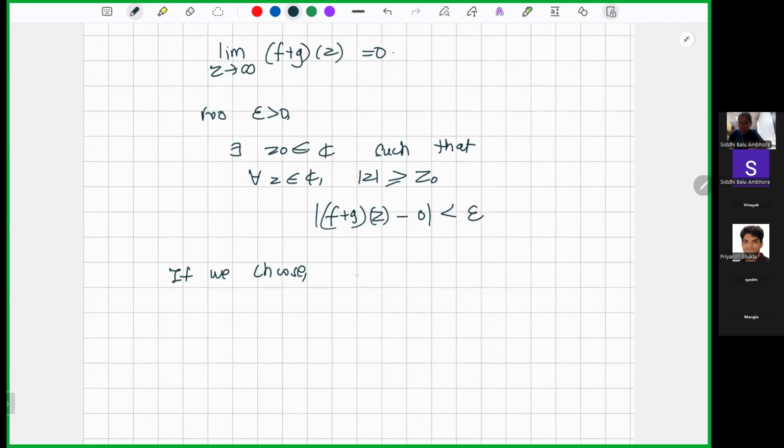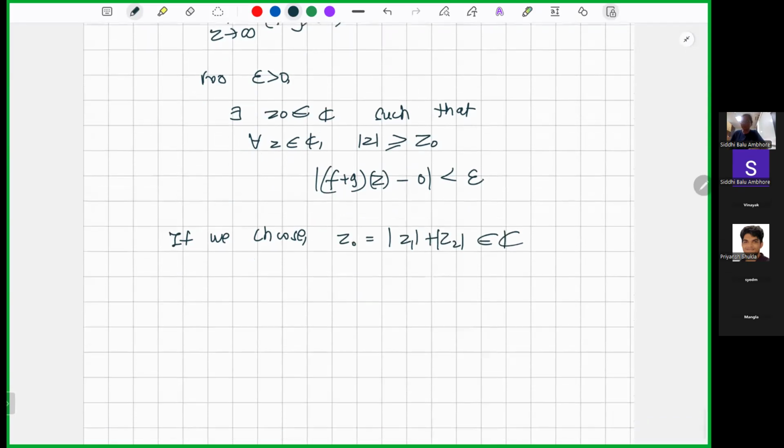Okay. So we can take this z naught to be |z1| plus |z2|. This still belongs to C, because this is some real number and this belongs to C.